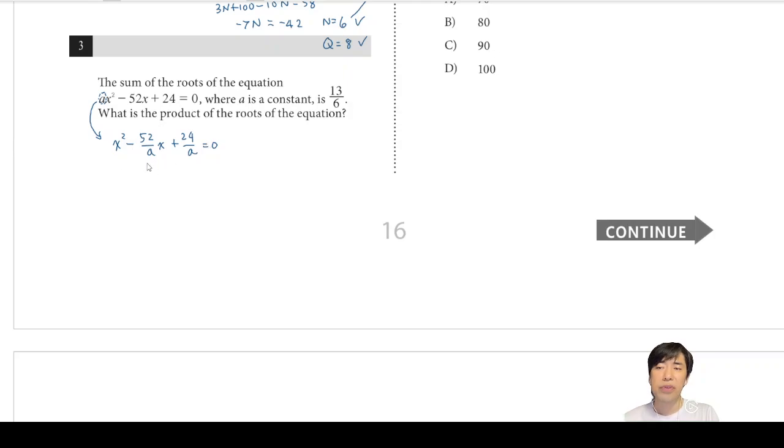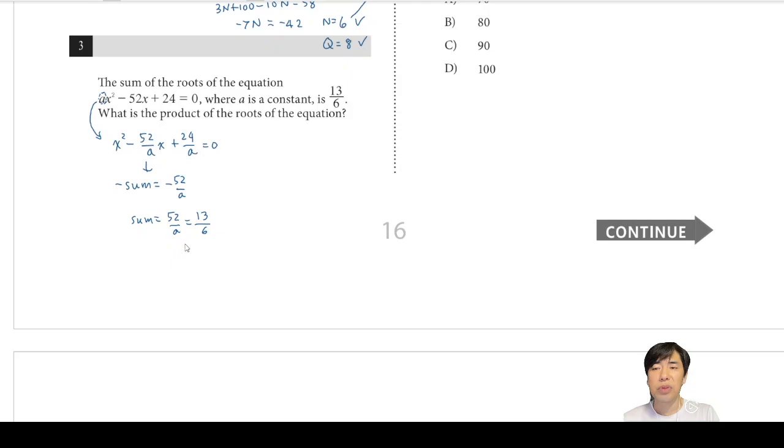If you do that, the coefficient of x represents the negative sum. So negative sum is equal to negative 52 over a, so the sum is equal to 52 over a. But this says the sum of the roots is 13 over 6.